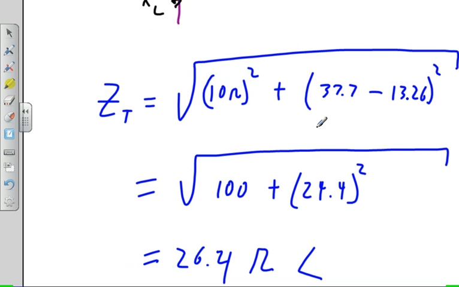Okay, so in my mode, I have my calculator set for magnitude angle. That's what I have in my mode.